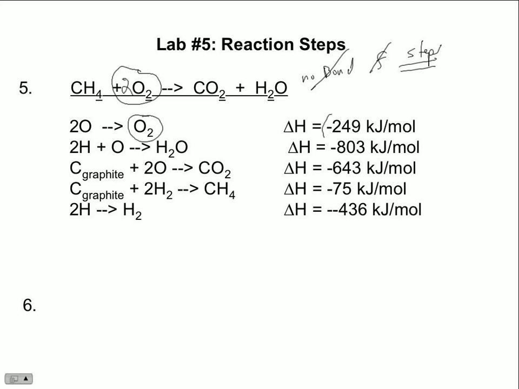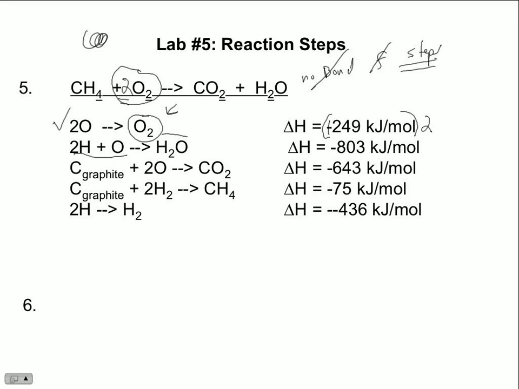The only difference is this number here needs to be multiplied by 2 to take care of the 2 in the coefficient, and this sign needs to be changed to get the O2 over to the reactant side where it's seen in the overall reaction. All right, that's done. We're good there.